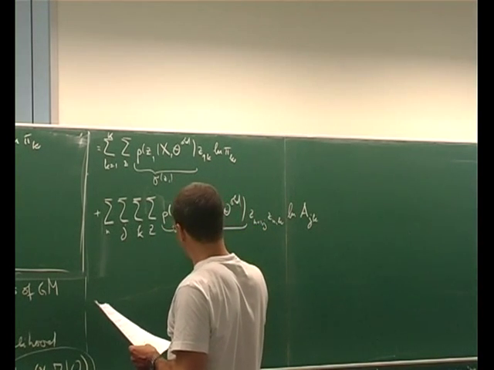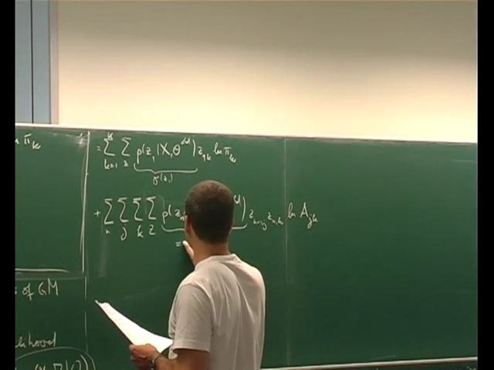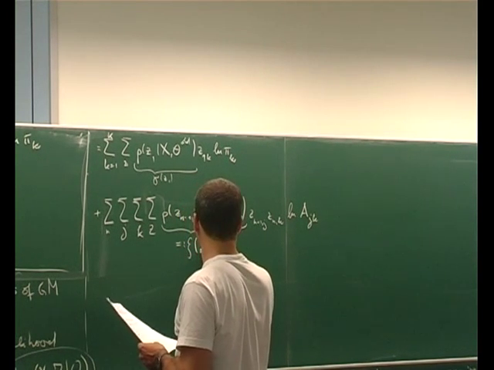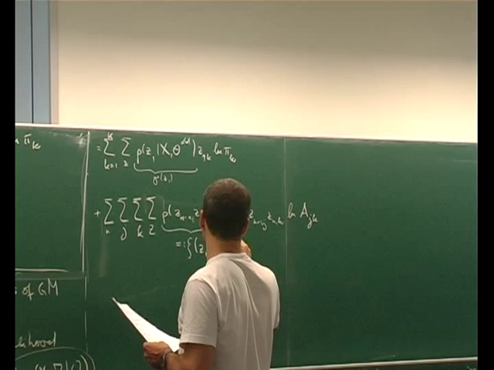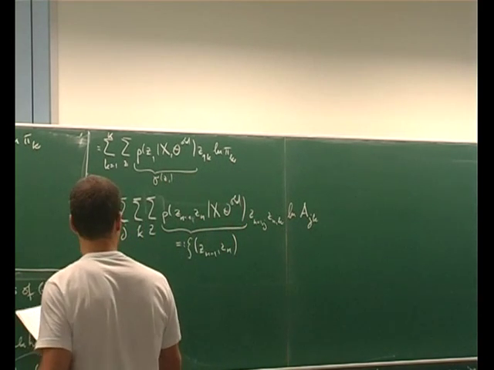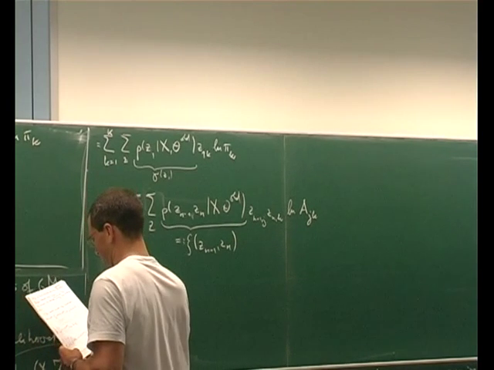I warned you there would be a few more abbreviations. So this is psi of z_{n-1} and z_n. And then there's the last term.